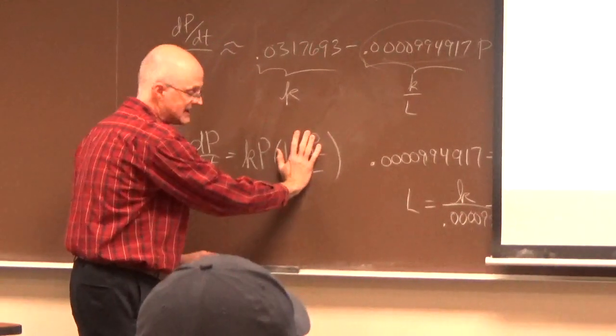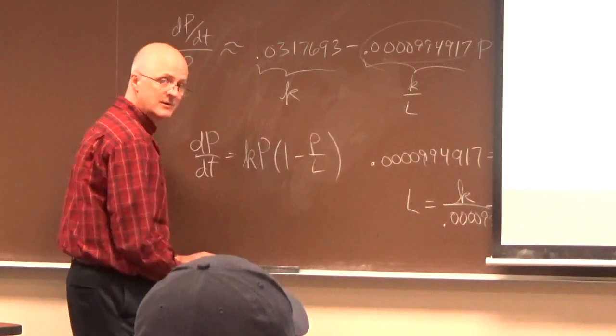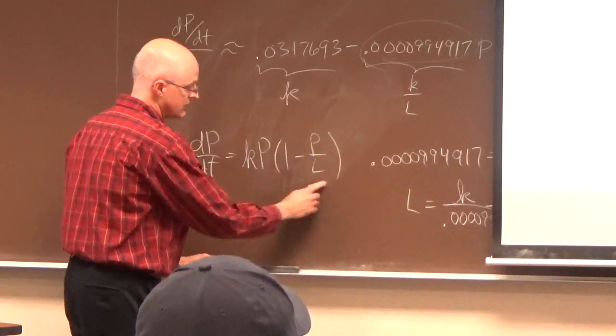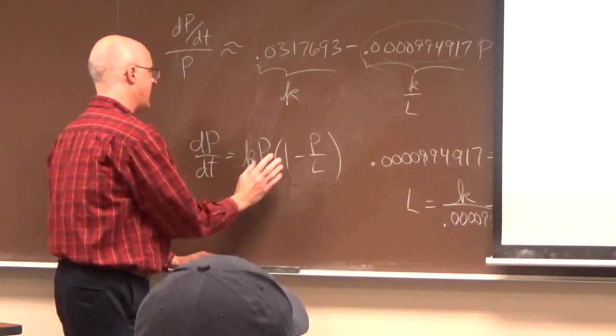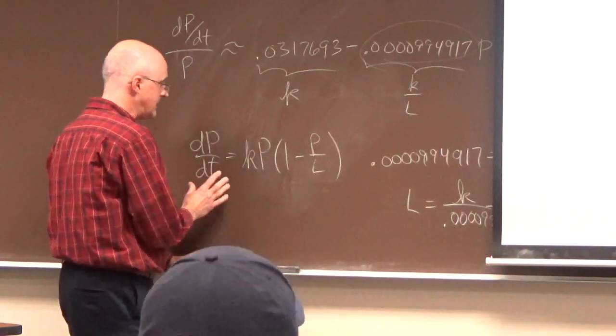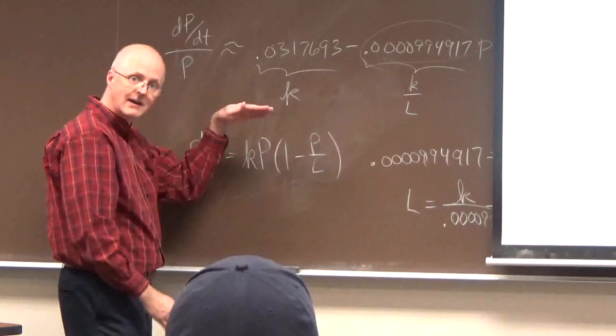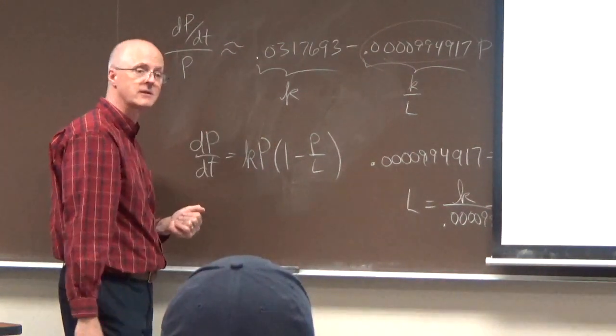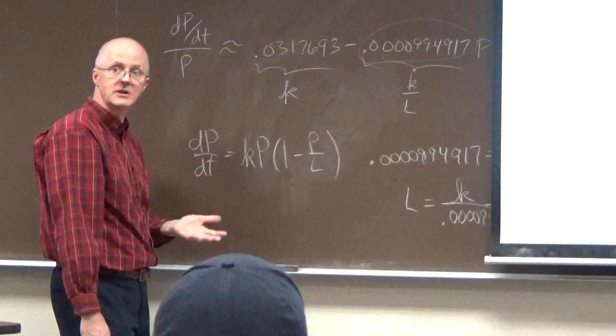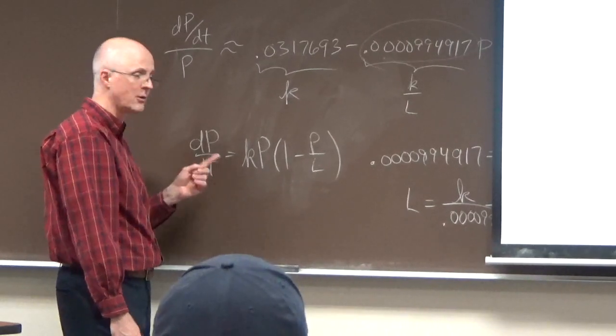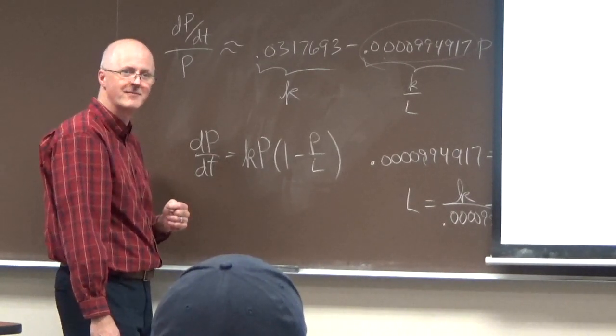That's one thing to emphasize. Also, when p is close to L, this is close to 0. And that means overall dp dt gets close to 0, and the functions have graphs that level off. You should know what the graphs look like. And if I give you a formula, you should be able to check that it's a solution, though those end up being kind of complicated with this example.